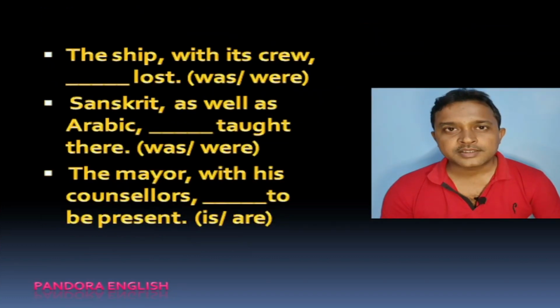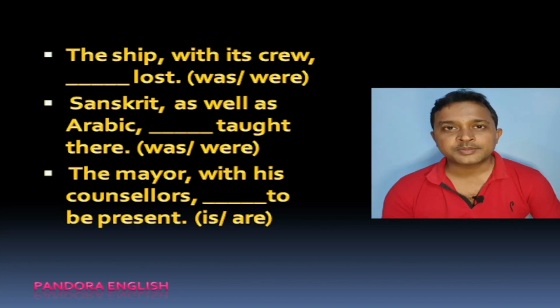Now look at these three examples and try to guess what the correct answers will be. Remember that words which are joined to a singular noun by the preposition with or phrases like as well as etc. are merely parenthetical. It means that it adds extra information about the noun.